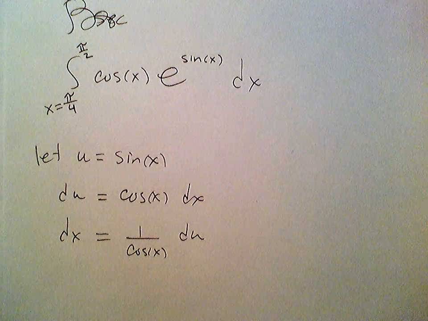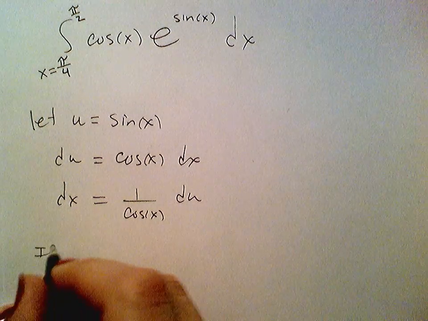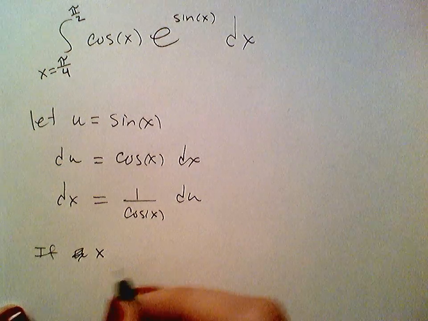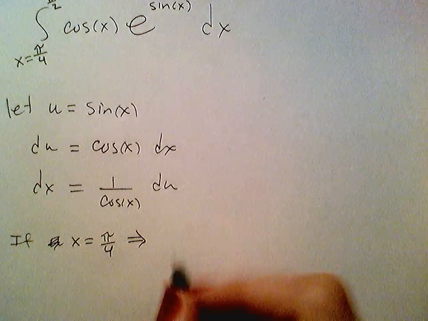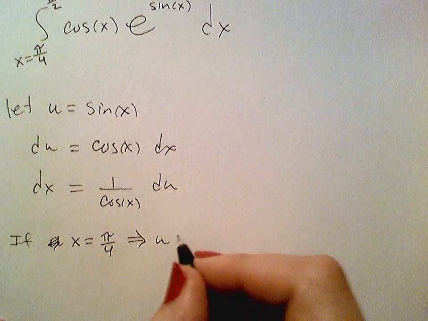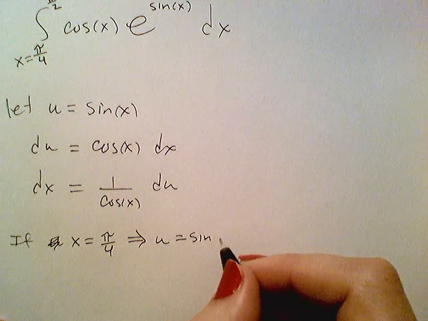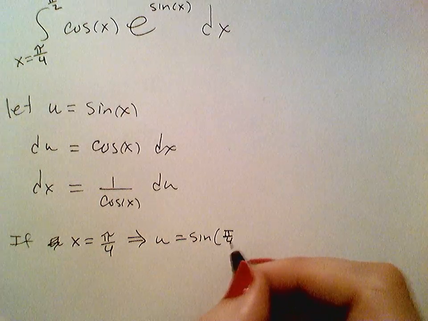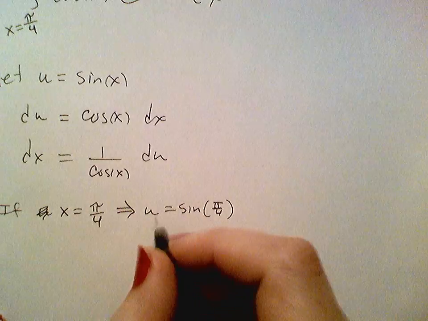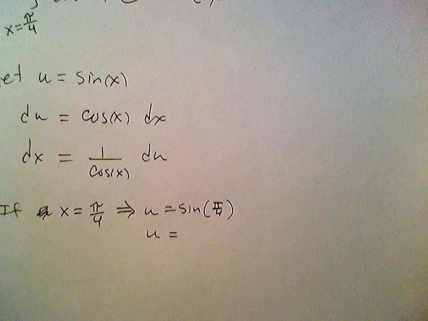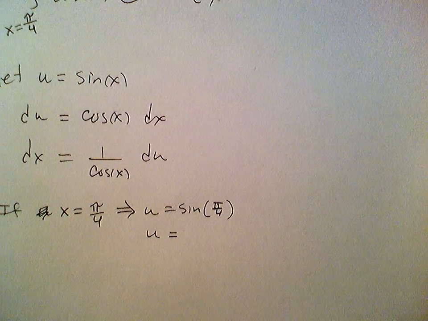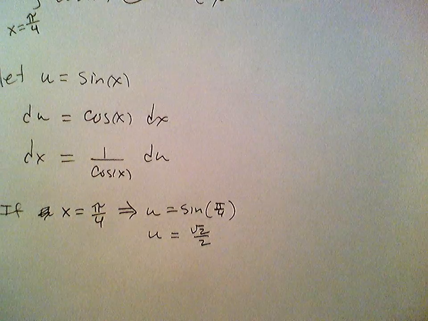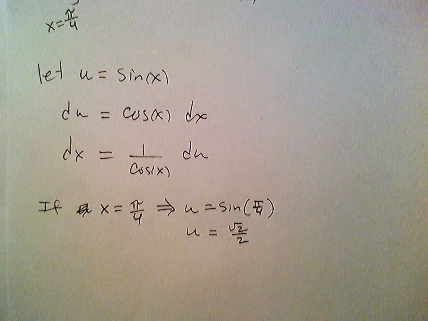We are changing everything to be in terms of U. So I have to say to myself, if x equals the lower limit, pi over 4, then since U is equal to sine of x, U is going to be equal to sine of pi over 4, which I believe is radical 2 over 2. I really hope I'm right. Yes, I believe I am right. So that's what the lower limit is going to change to.